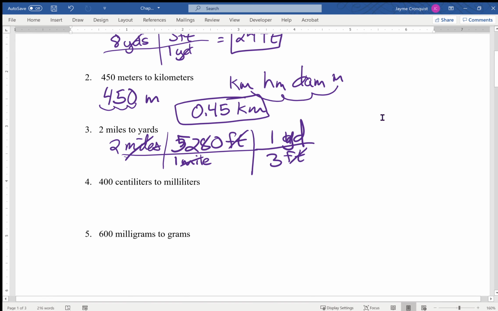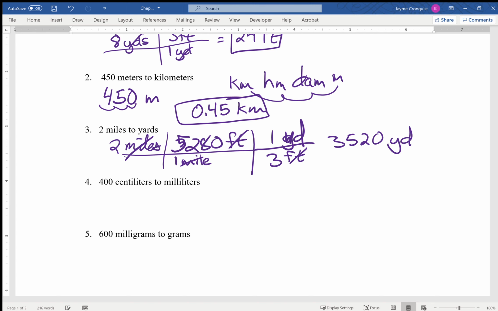I end up with 2 times 5,280, then divided by 3. 3,520. Okay, there we go.